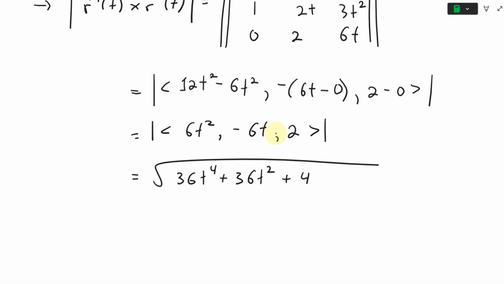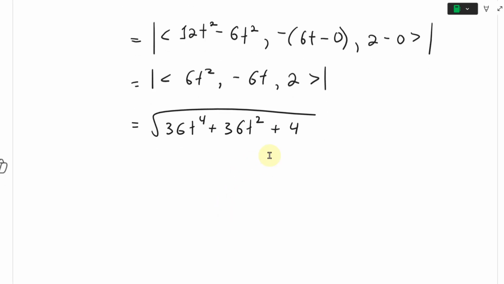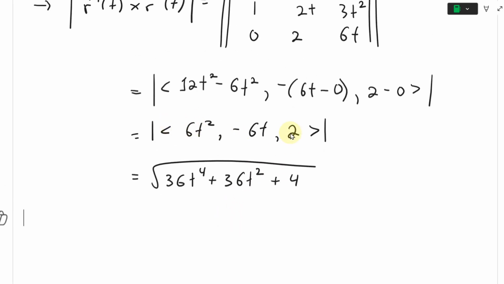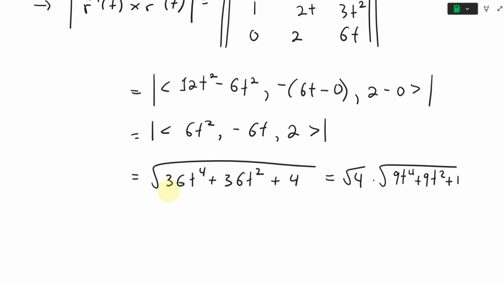We can simplify this further; we should have factored out the 4 earlier. This becomes the square root of 4 times the square root of 9t to the 4, since 9 times 4 is 36, plus 9t squared, plus 1.